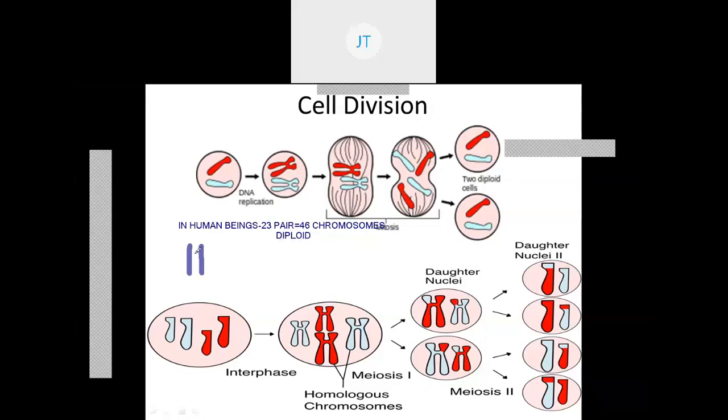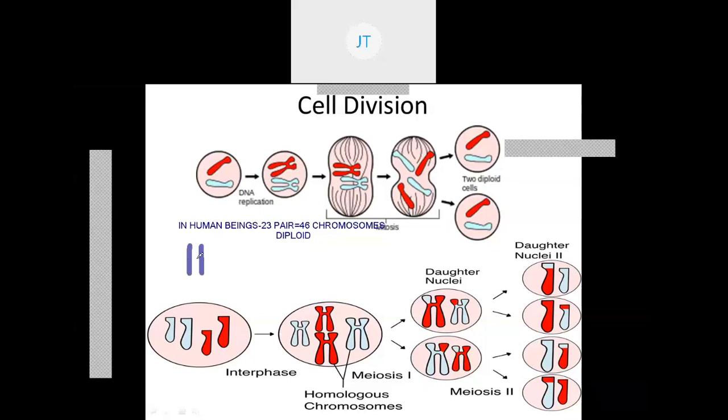What genes are there on this chromosome, the same genes are present on the other copy. So each and every gene we have has an extra copy on the other chromosome.